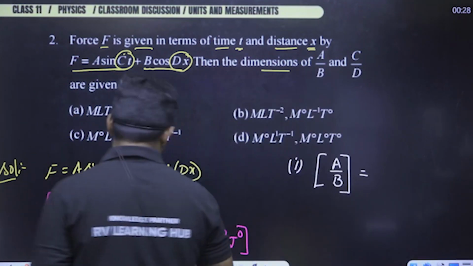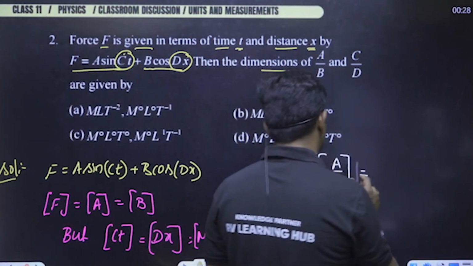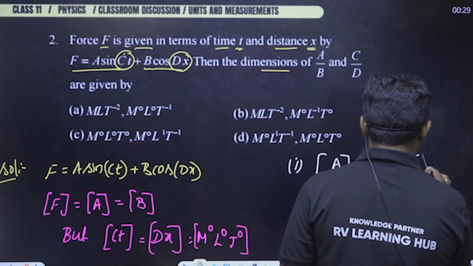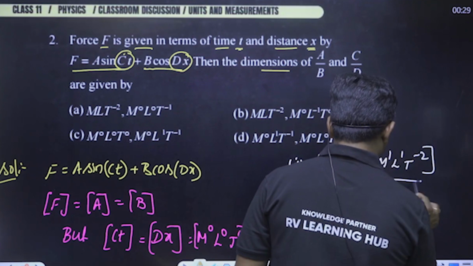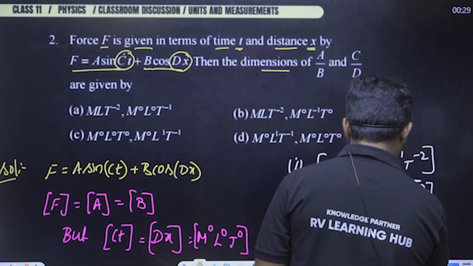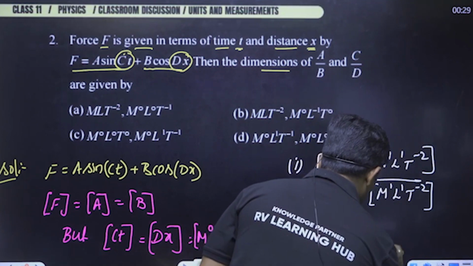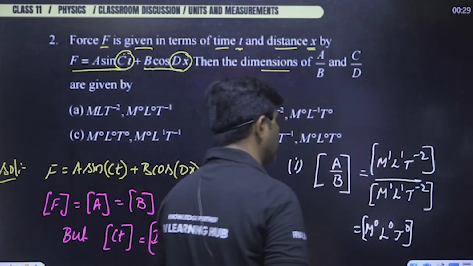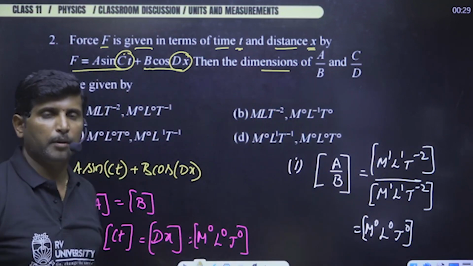So the dimension of A equals the dimension of B, which equals force: M power 1, L power 1, T power minus 2, divided by the dimension of B, which is the same as force. Therefore, you get M power 0, L power 0, T power 0. This is the dimension of A by B.